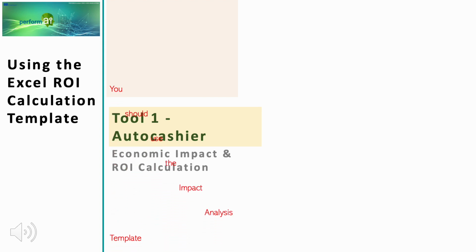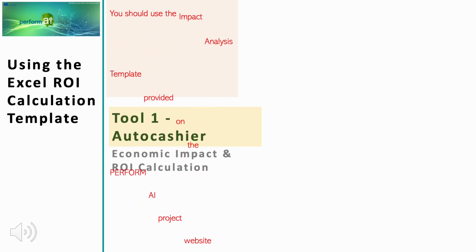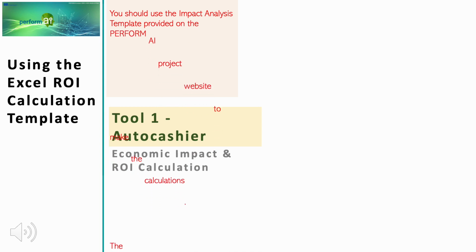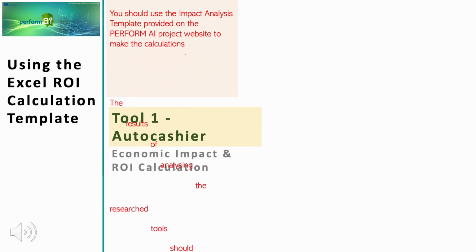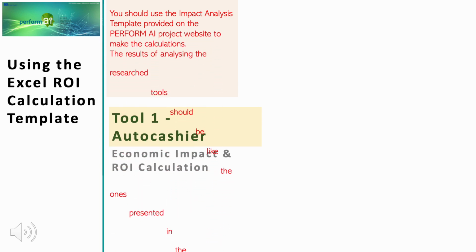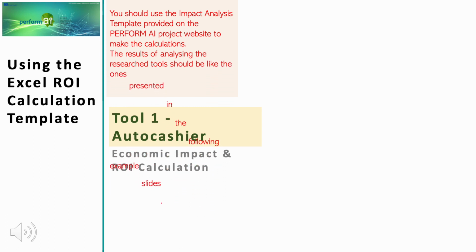You should use the impact analysis template provided on the PERFORM AI project website to make the calculations. The results of analyzing the research tools should look like the ones presented in the following example slides.